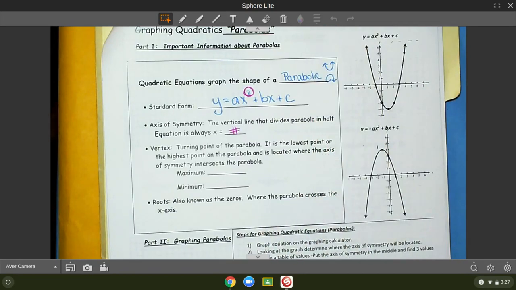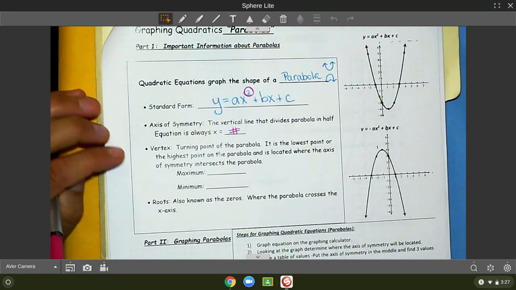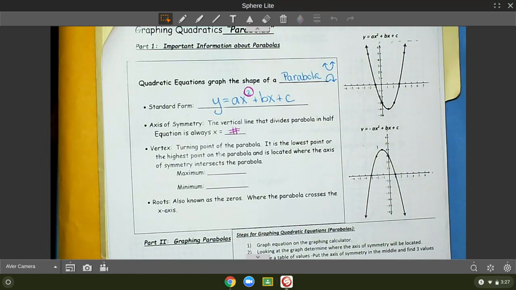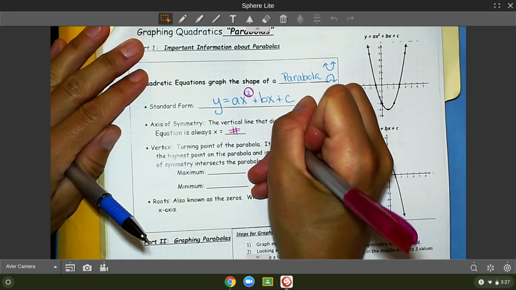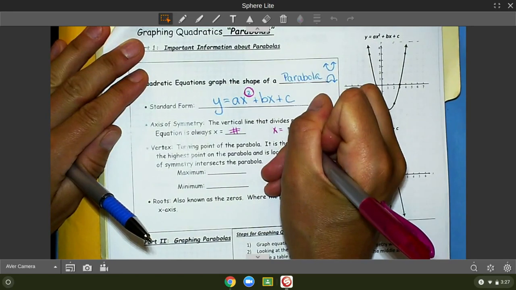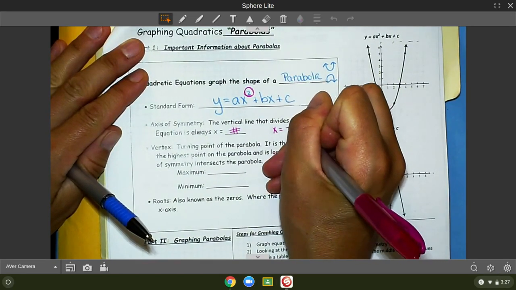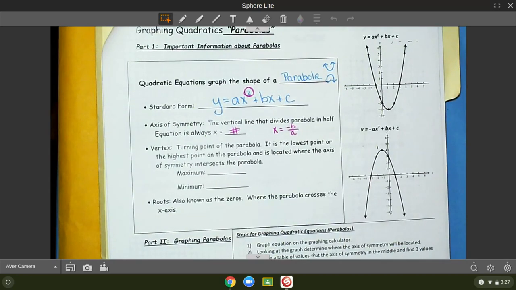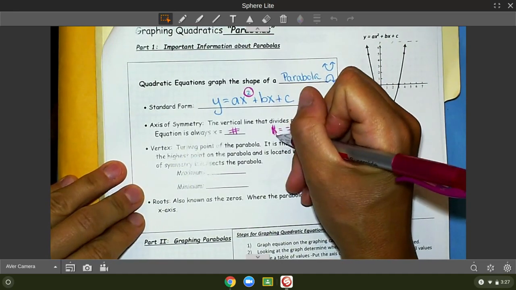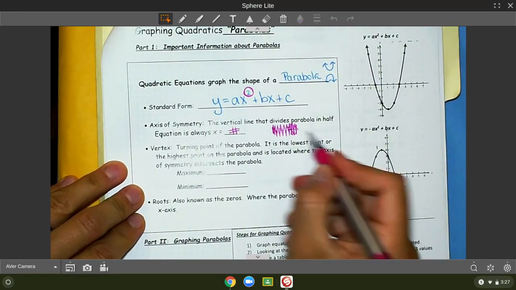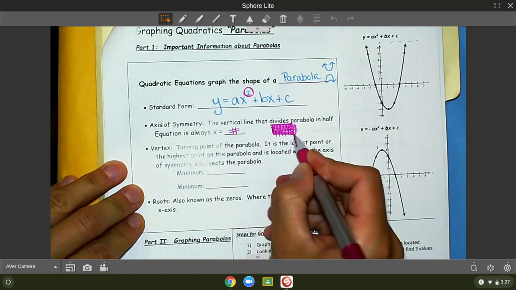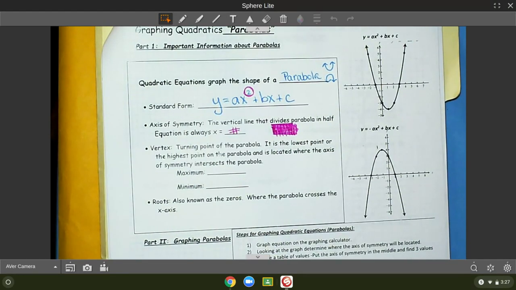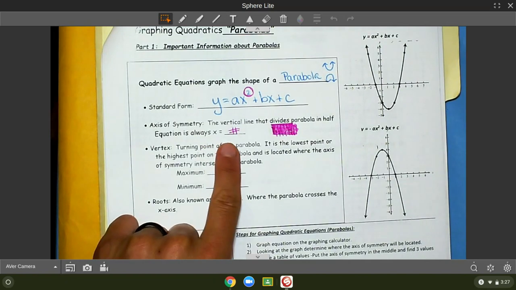Now, to calculate the axis of symmetry, the formula is x equals negative b all over a. Actually, I'm going to take that out. We're not going to do it that way. I'm going to show you kind of a shortcut to do it, okay? So I'm going to take that totally out of the equation. So don't even worry about that. Just remember your axis of symmetry is always x equals a number.